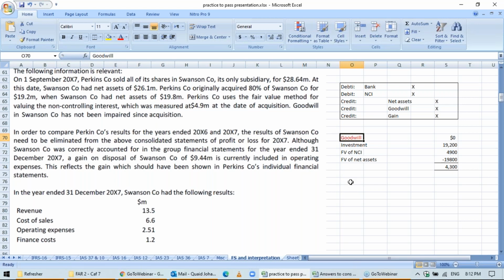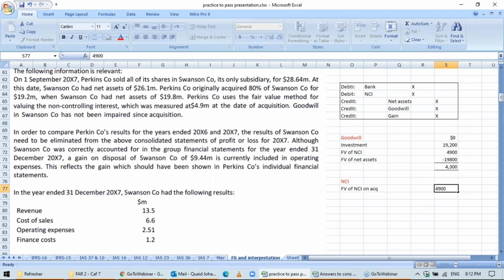Now, next we need to know the non-controlling interest. Let's calculate the non-controlling interest. So non-controlling interest on acquisition was the fair value of NCI on acquisition, which will be the same as the amount taken in the goodwill calculation, 4,900, right?